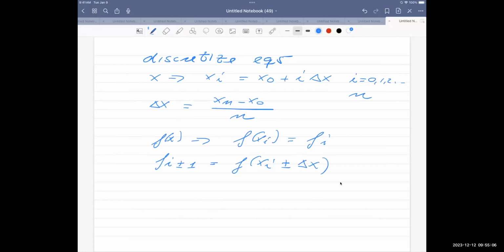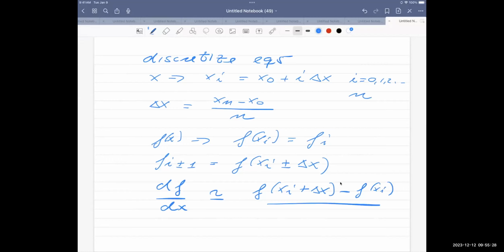And then Euler's method, which is the simplest possible method for calculating the derivative, is given by df/dx, which is now approximated to f of x of i plus delta x minus f of x of i divided by delta x. This is normally written in a more compact way as f of i plus 1 minus f of i divided by delta x.